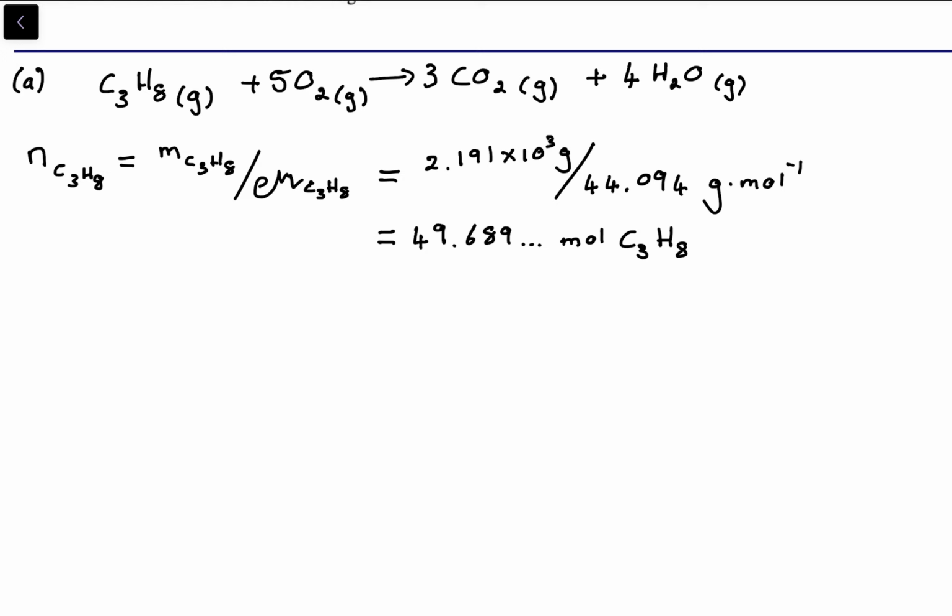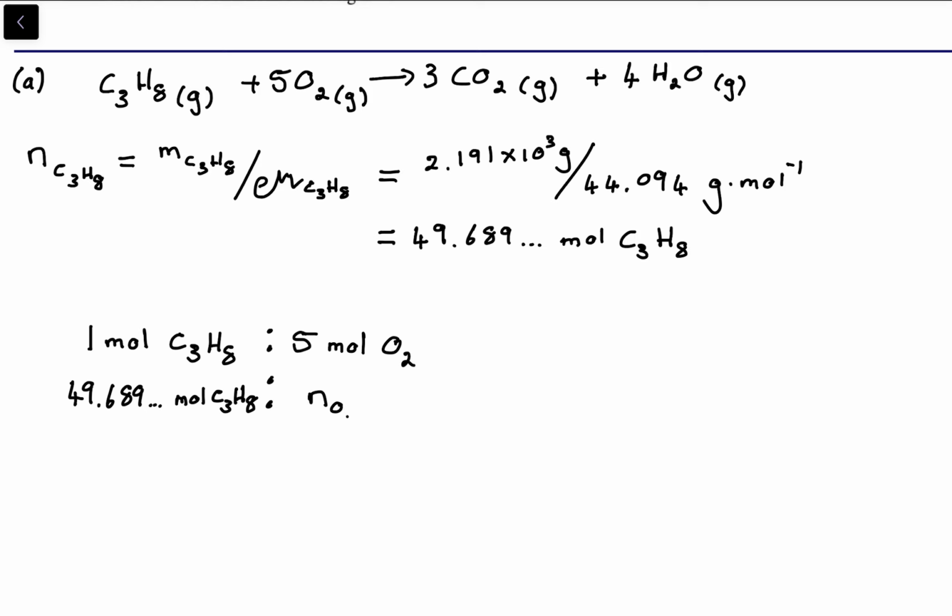What the chemical equation tells us is that 1 mole of propane gas will react with 5 mole of oxygen gas. But what does our reality tell us? Our reality says we have 49.689 mole of propane gas, and that will react with an unknown amount, the amount that we are to determine, of O2.